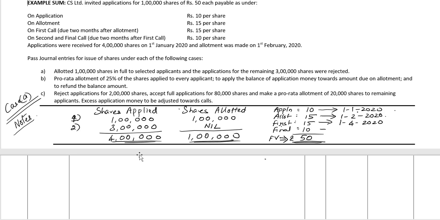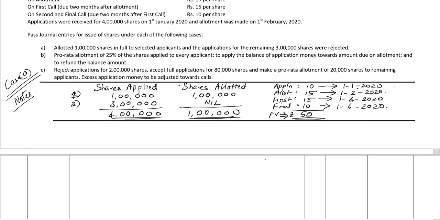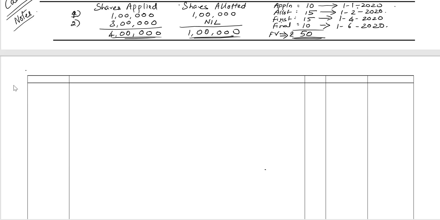And the final call due 2 months after the first call. So that is 1/6/2020. Now it is enough if we have these notes with us. We don't need the sum. So we'll go ahead with the solution.